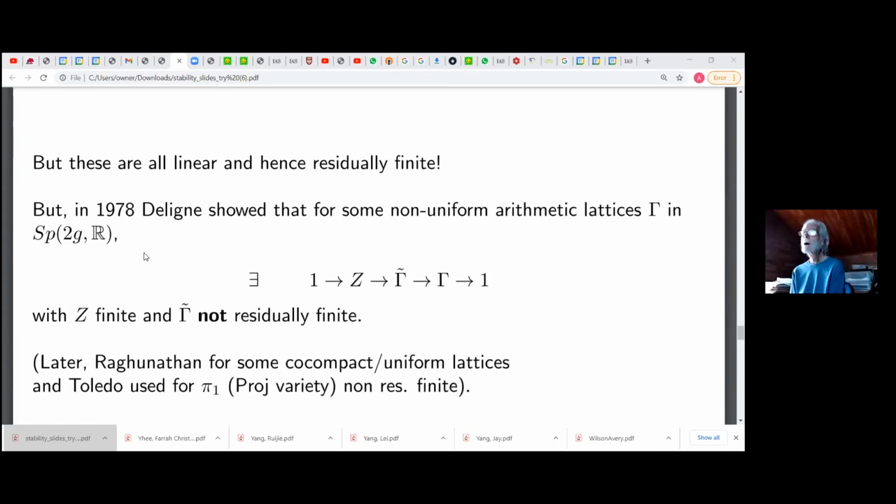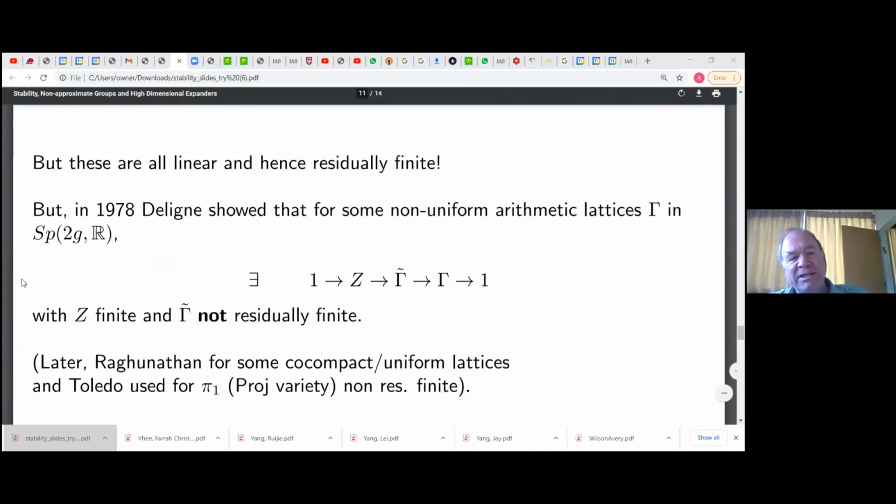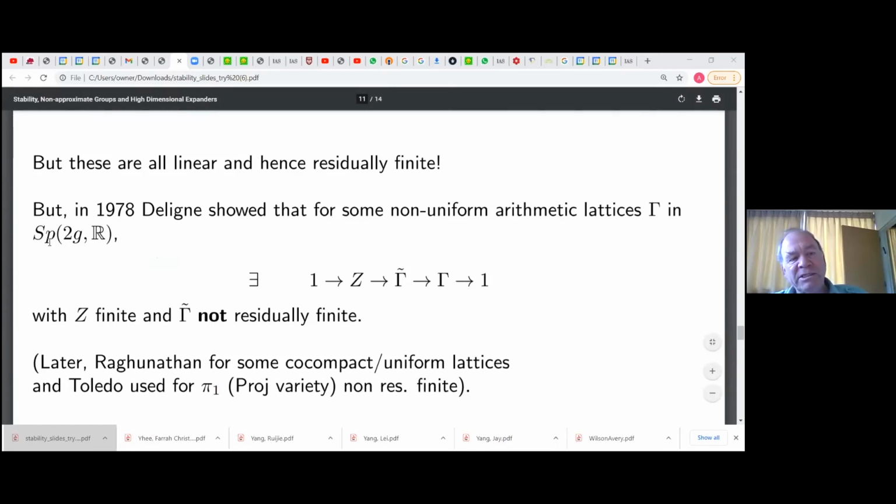constructed the following non-residually finite group. To be honest, I never really understood why he cared, even though later on it became a fairly important result. Anyway, let's say first of all what he proved. He took an arithmetic lattice gamma in a real group, Sp2(R), and he showed that there exists a finite extension of it with finite kernel.